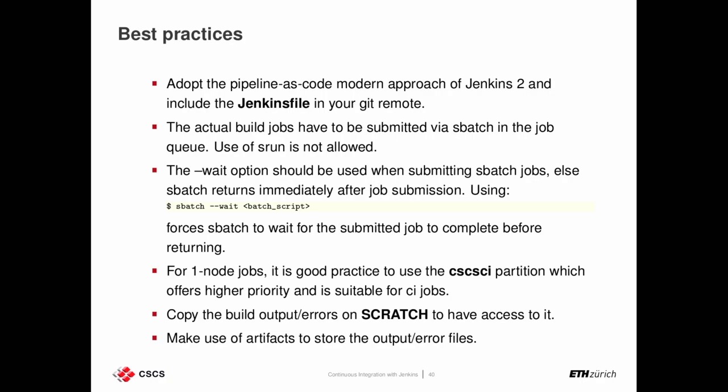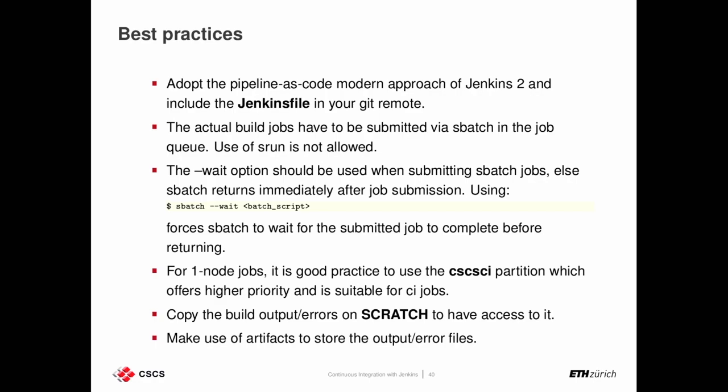So this is better than just taking the job number and polling every now and then to see if the job is finished. With sbatch --wait, it only returns and continues with the next shell steps when your job is finished.